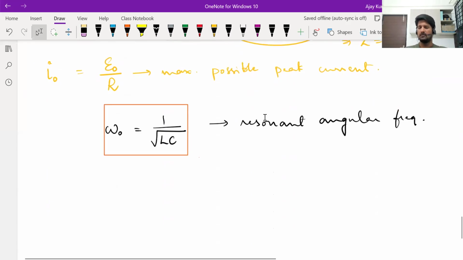Can one of you tell me how frequency is related to angular frequency? What is the relation between f and omega? Is it 2 pi f or something like that?